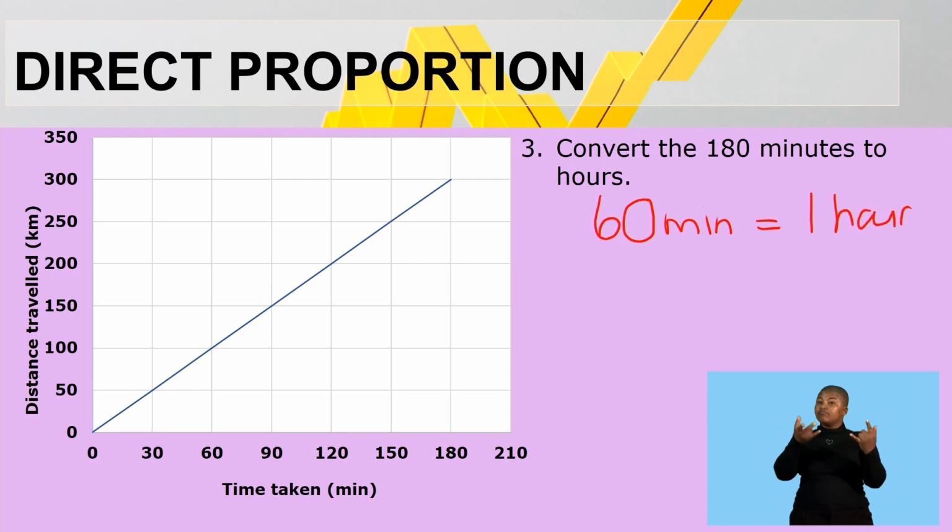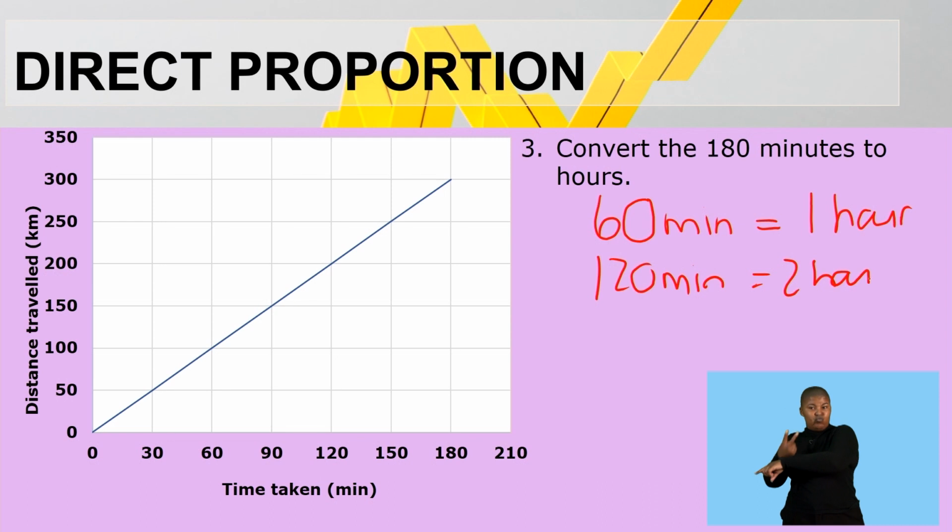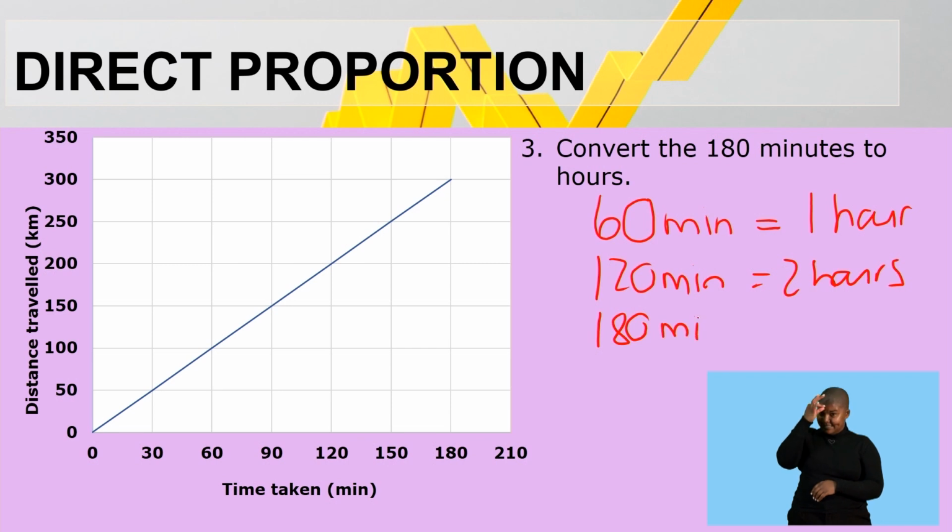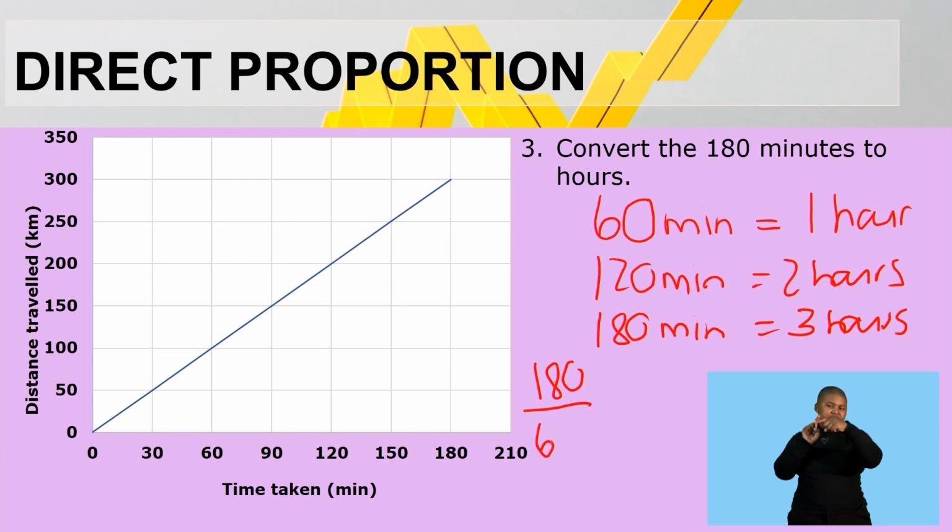So what's going to happen is 60 minutes will be 1 hour, 120 minutes will be 2 hours, and then 180 minutes is 3 hours. The other way that you could have done it is you could have said 180 divided by 60 is 3.